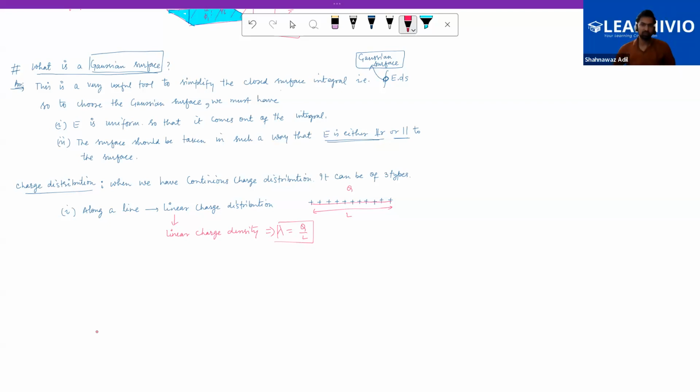Okay, you please note it down and I will write simultaneously. So you just note this thing down. And then we have charge along the surface. So this is called surface charge distribution.